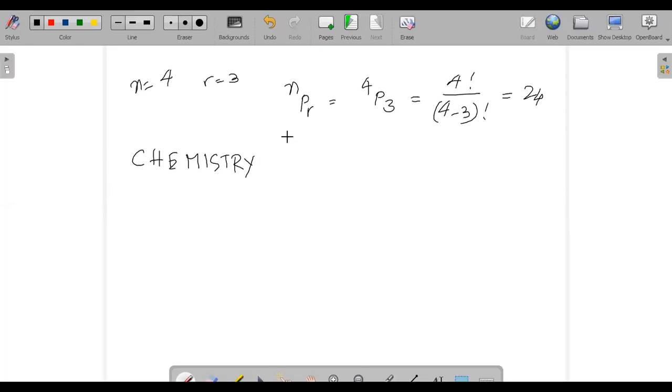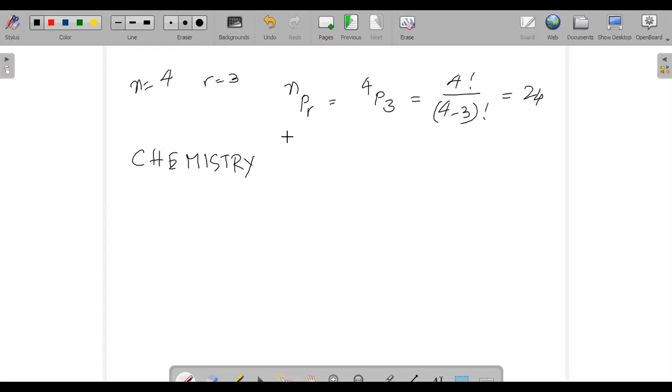The word CHEMISTRY. Now can you tell me how many letters are there here? Nine.